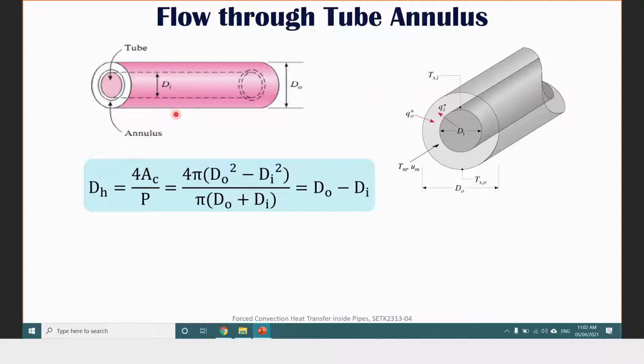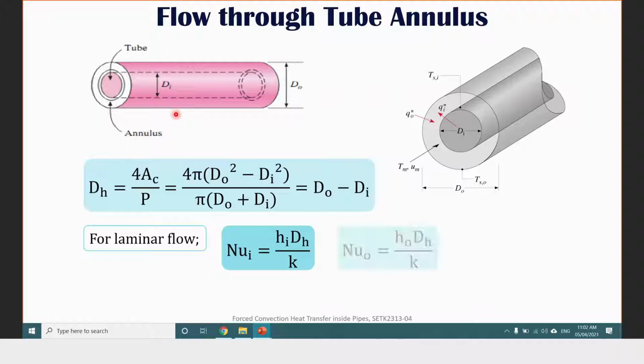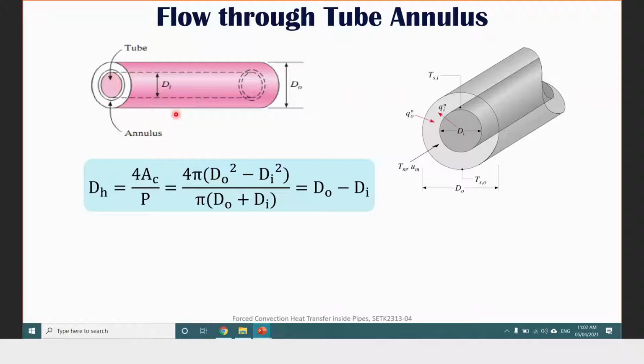How to calculate this is we use DH, the hydrodynamic diameter. In this case it is 4 times the cross-sectional area.